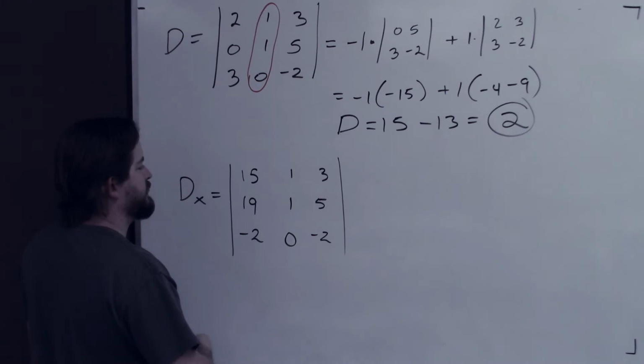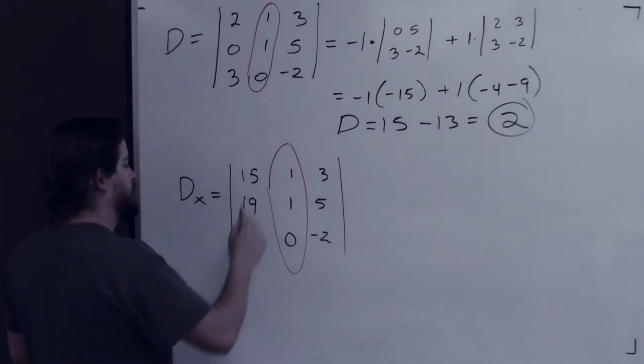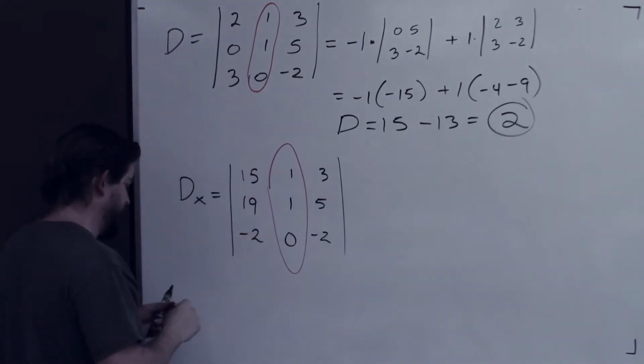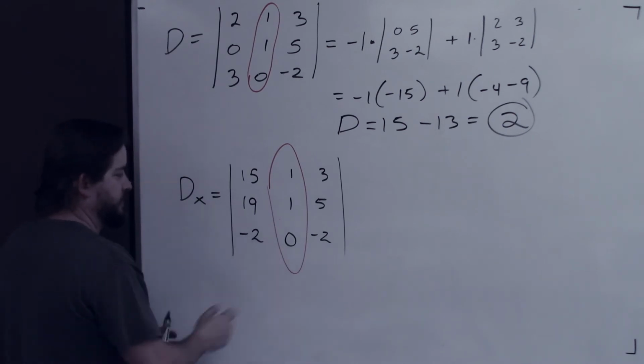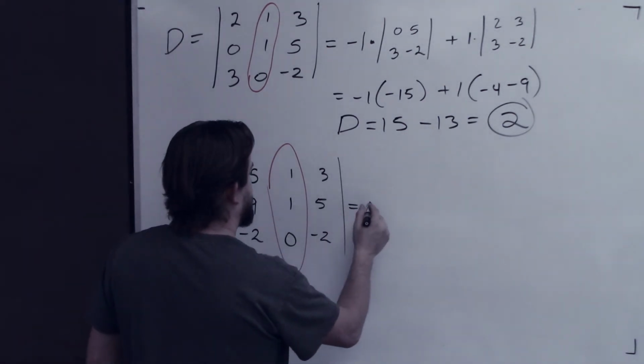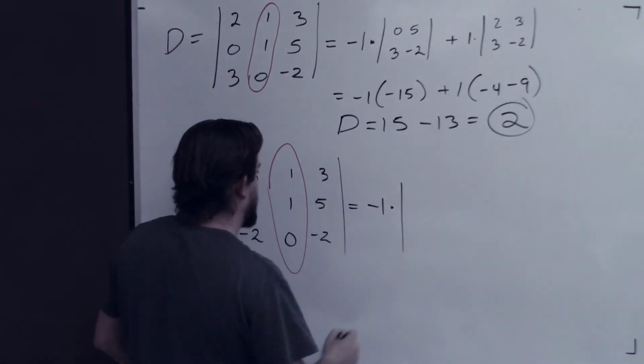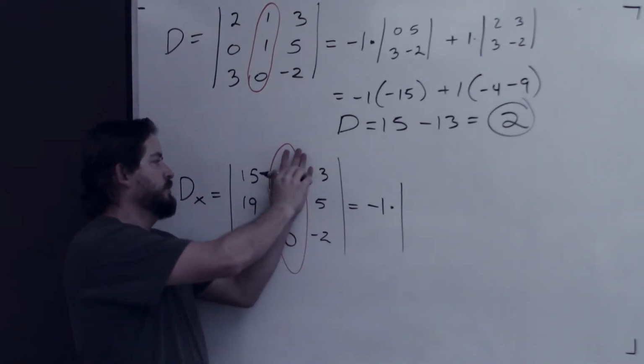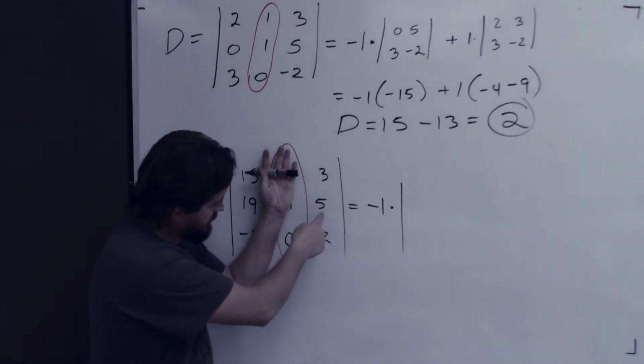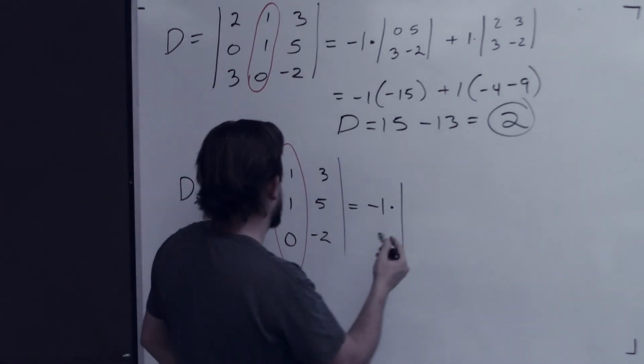Exploit your negatives. So either expand on this column or this row down here. It doesn't matter. I'm going to choose this column because why not? So the 1 is in a negative spot, so -1 multiplied by, if I eliminate that row and that column, I have a 19, 5, -2, -2.